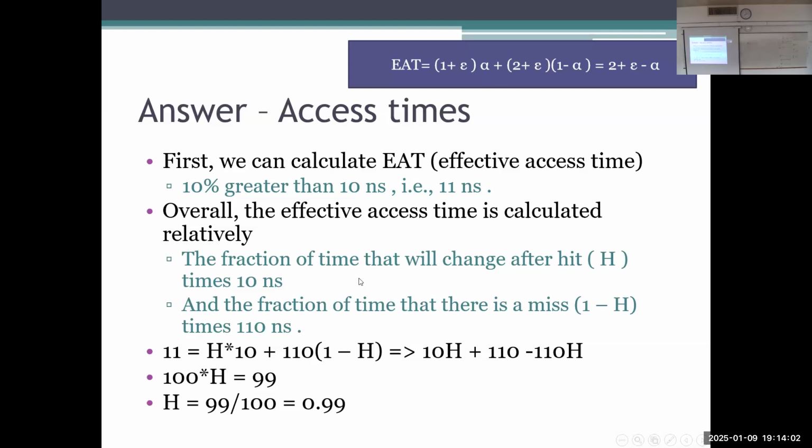I might have been writing this pretty late at night. But the point is 11 has to equal the hit rate when it's in the cache, plus whatever rate when it's not in the cache, it's going to cost me 110. It was given that whatever is not in cache, it's 110.